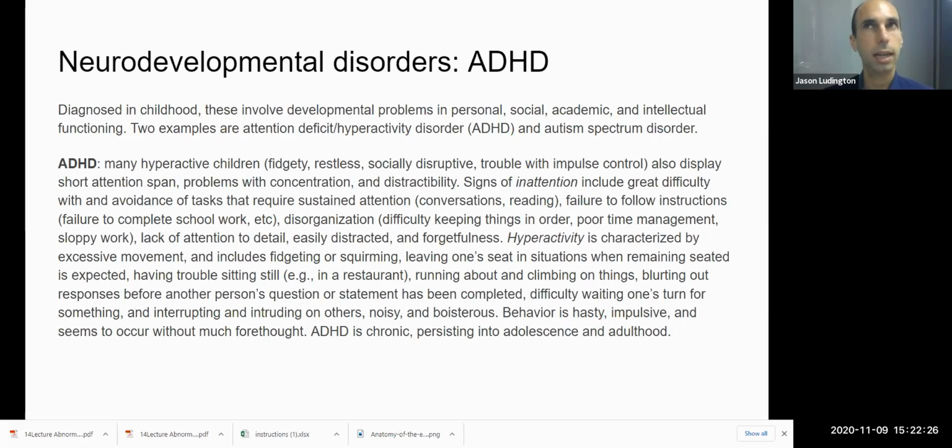ADHD is one of these disorders that's on the rise, along with the other neurodevelopmental disorders. Autism is also on the rise. I'm sure you know that. If you don't, it's been talked about in the press, at least in psychological circles.